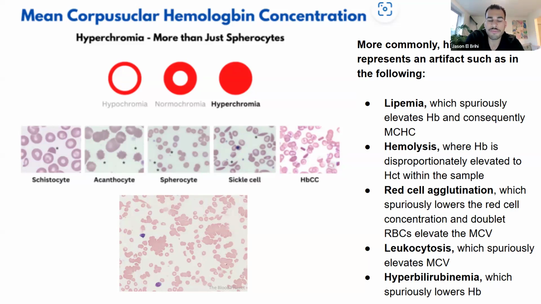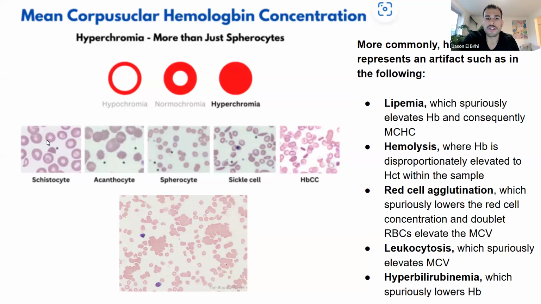There's a lot of quite relevant clinical conditions where this occurs, such as spherocytosis. You may have heard of hereditary spherocytosis. It's a red cell membrane disorder. Sickle cell disease, I'm sure you've heard of before. Schistocytes, these are helmet-shaped cells, which you can see in the middle here, which typically occur in intravascular hemolysis.